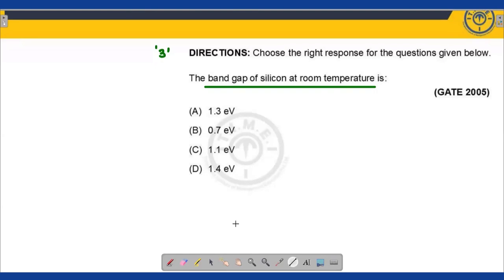Anyhow, at room temperature, which means 300 degrees Kelvin, because room temperature is equal to 27 degrees centigrade.